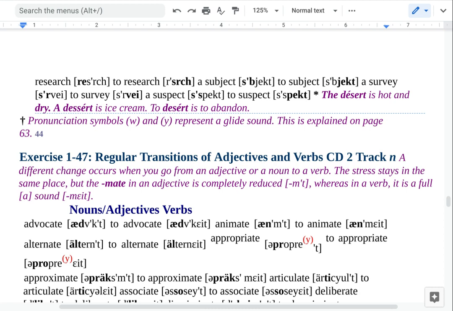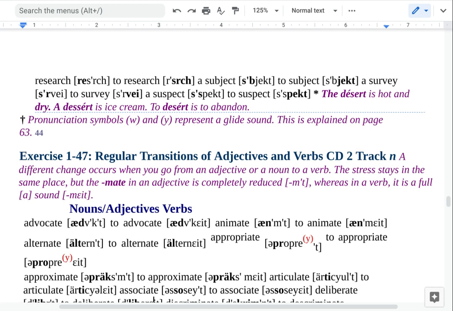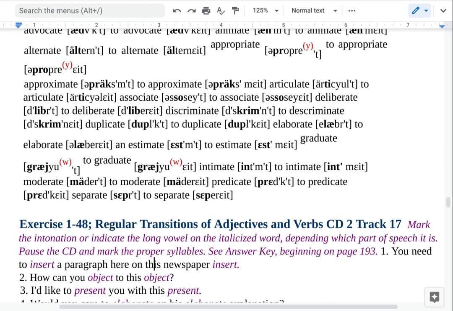Discriminate. To discriminate. Duplicate. To duplicate. Elaborate. To elaborate. An estimate. To estimate. Graduate. To graduate. Intimate. To intimate. Moderate. To moderate. Predicate. To predicate. Separate. To separate.